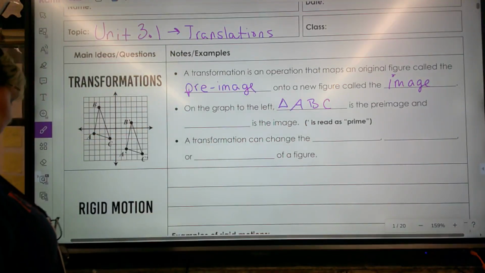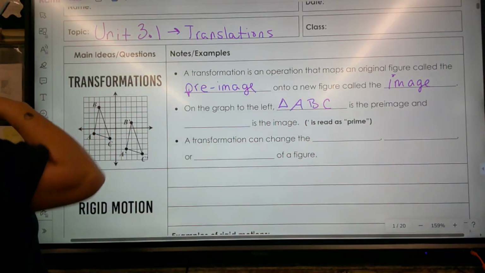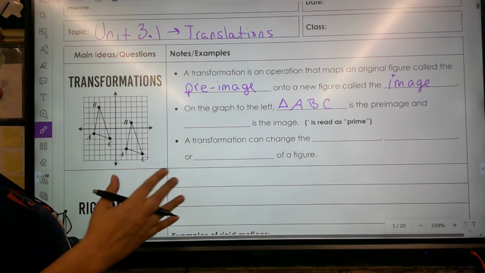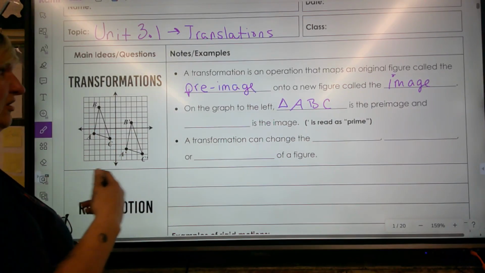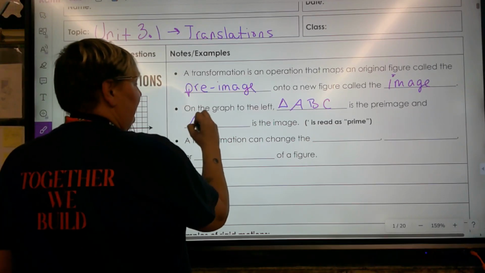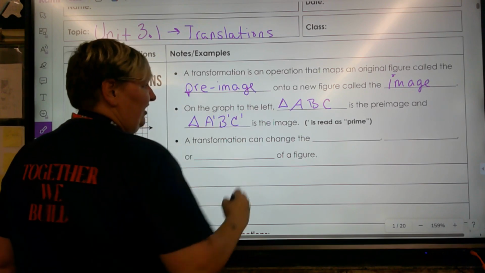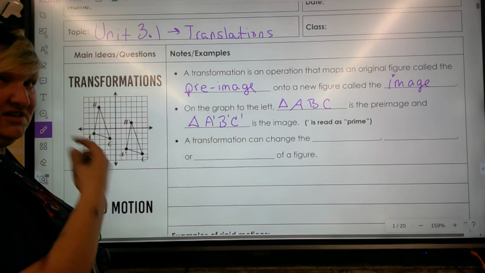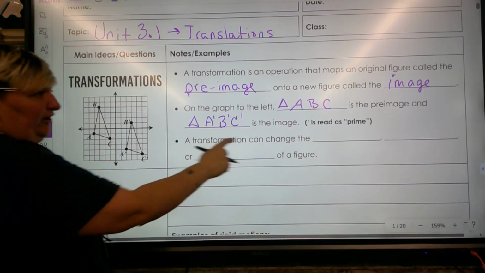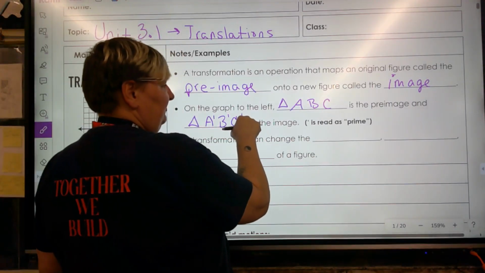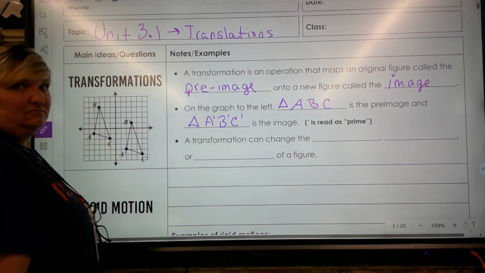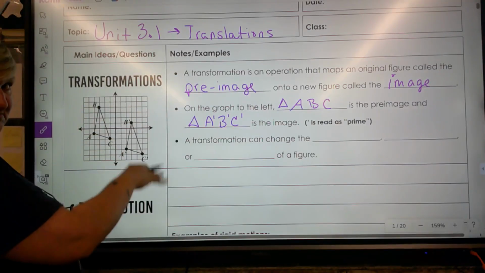You don't have to put the triangle symbol, but it does help keep things organized. Triangle ABC is the pre-image, it's the before, and triangle A prime, B prime, C prime is the new. It's the image. It's the after, right? This little doohickey is a prime. It's called prime for this purpose. I know.